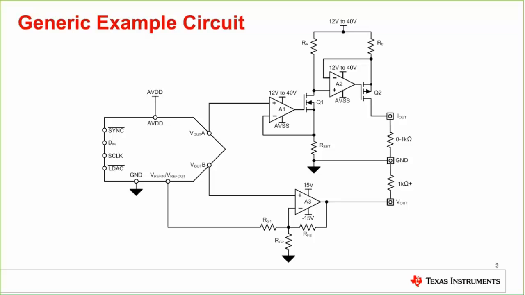Items of particular merit for the current output is that typically the max impedance we see someone needing to drive is about 1 kiloohm. However, for current output, it's a perfectly valid load condition to drive 0 ohms or 1 ohm, something very, very small. In addition, we typically see this kind of 12 to 36 volt high side supply voltage.